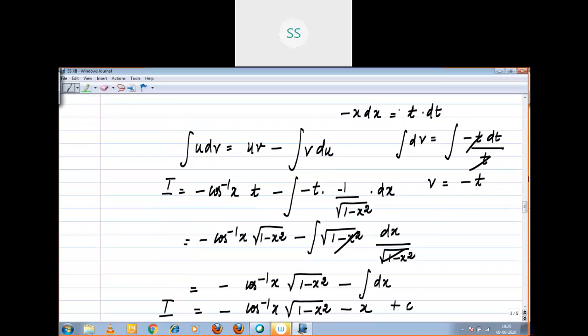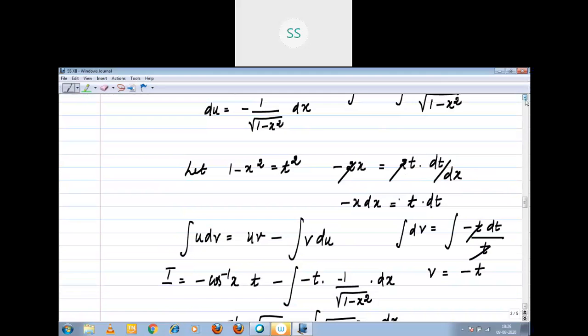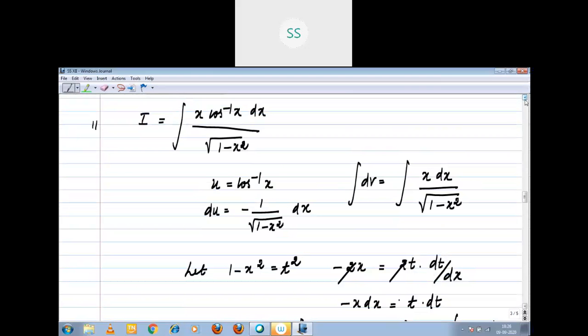Once again I will explain, children, you have to listen because you people feel this one is a little tough. See, your inverse trigonometry you consider as u. Once you consider it as u, that should be differentiated. Du equal to minus 1 by root of 1 minus x square into dx.